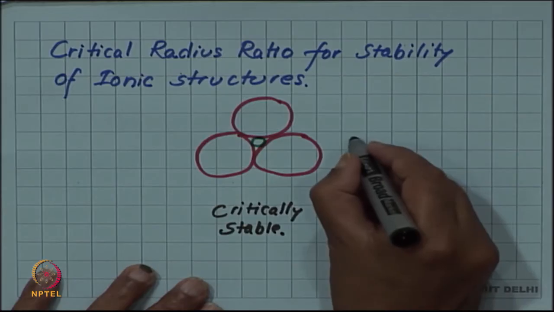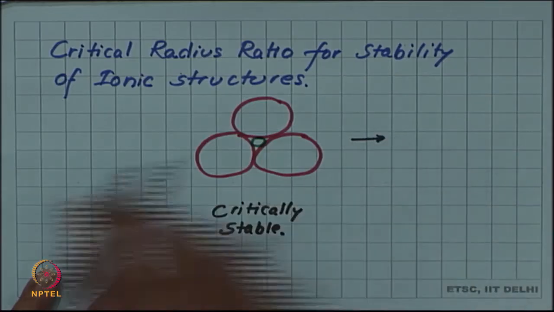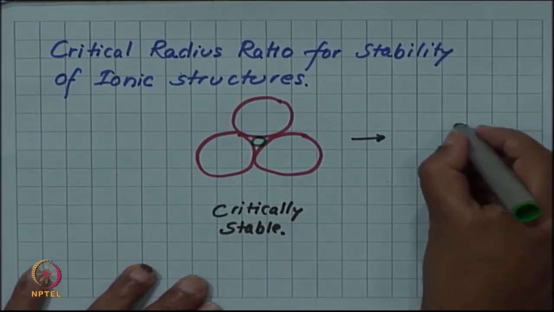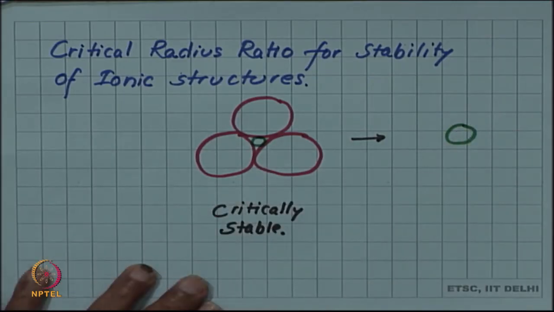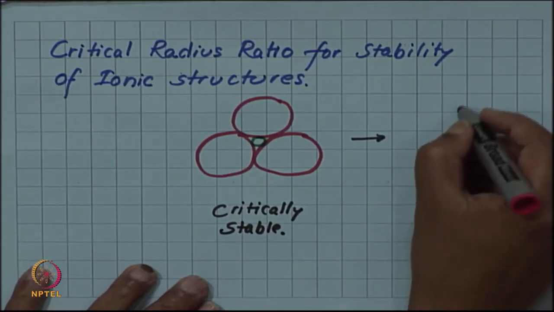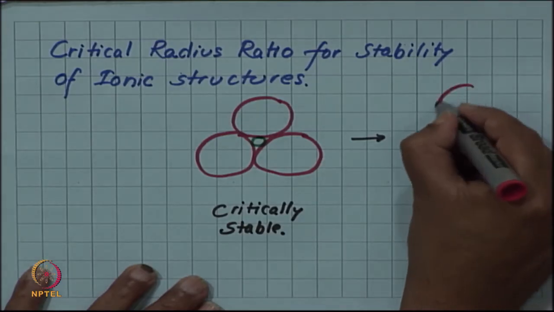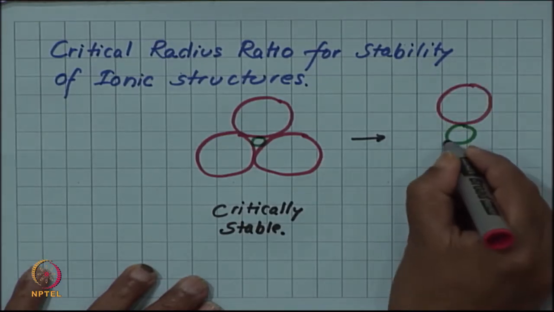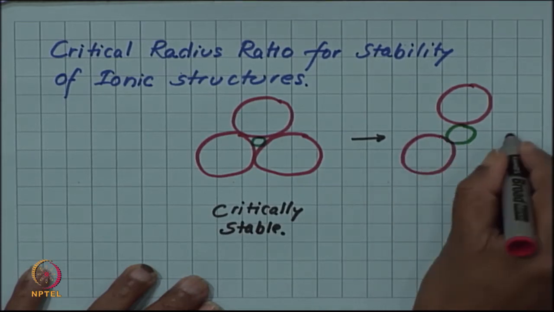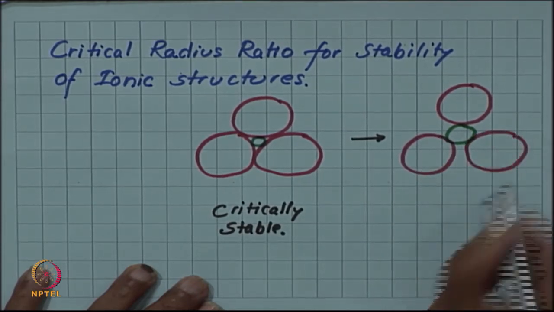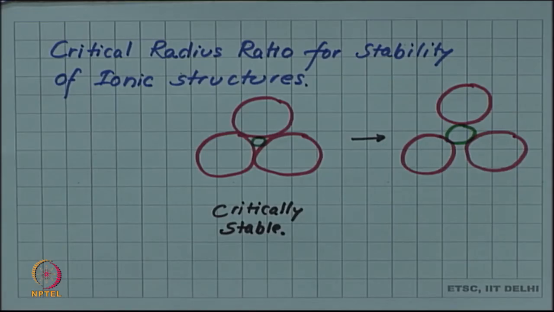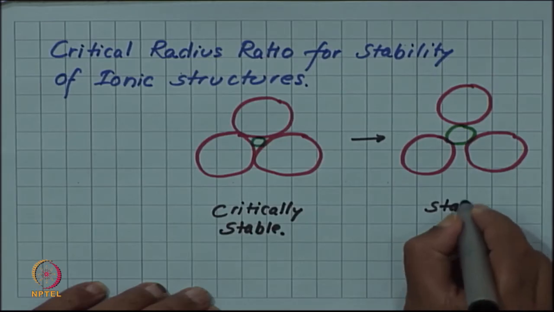And what we really want to make it stable is to make the cation still larger, so that anions are separated out of contact. So, this is what we called stable.